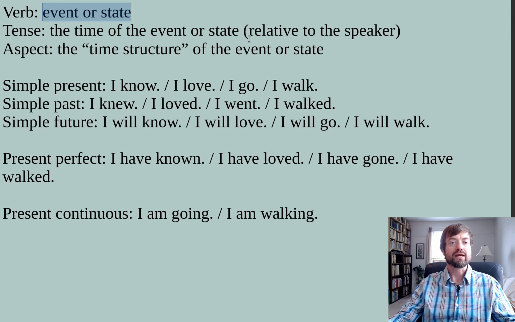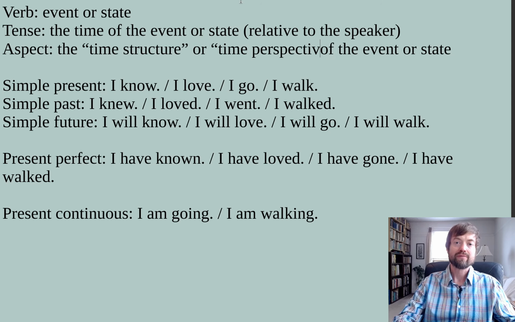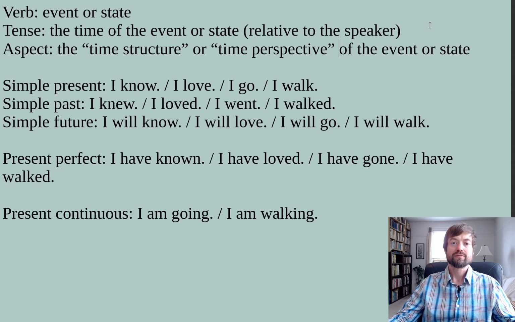So the tense is relative to the speaker: what is the time that this thing happened or is happening or will happen. And the aspect is the time structure, or you could say the time perspective that we have of this thing that we're talking about.